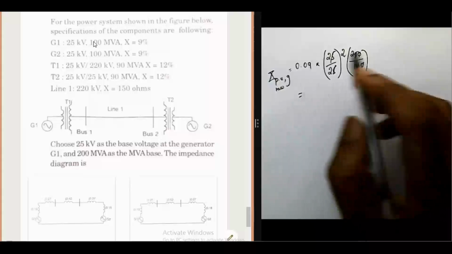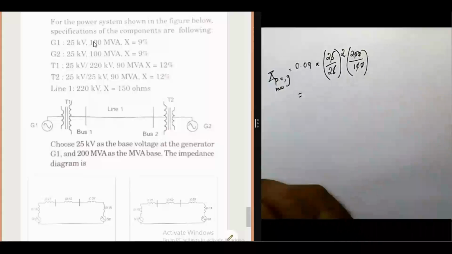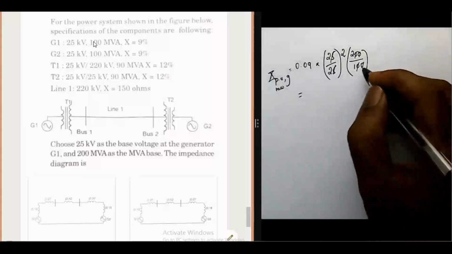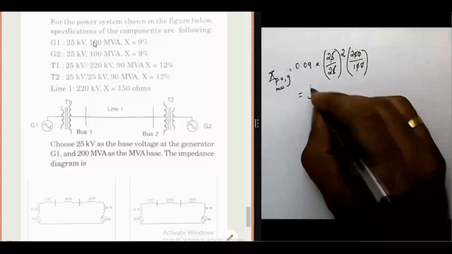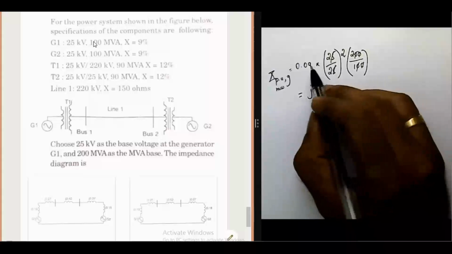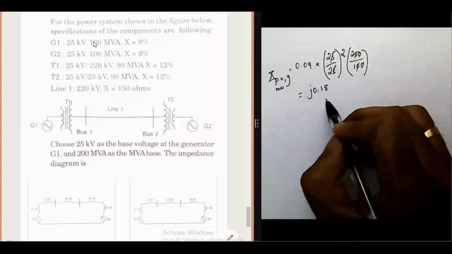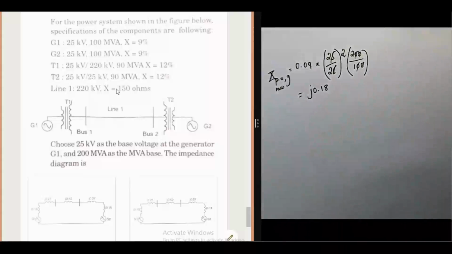That value is equal to 0.09 multiplied into 2, you get J0.18. 9 twos are 18.